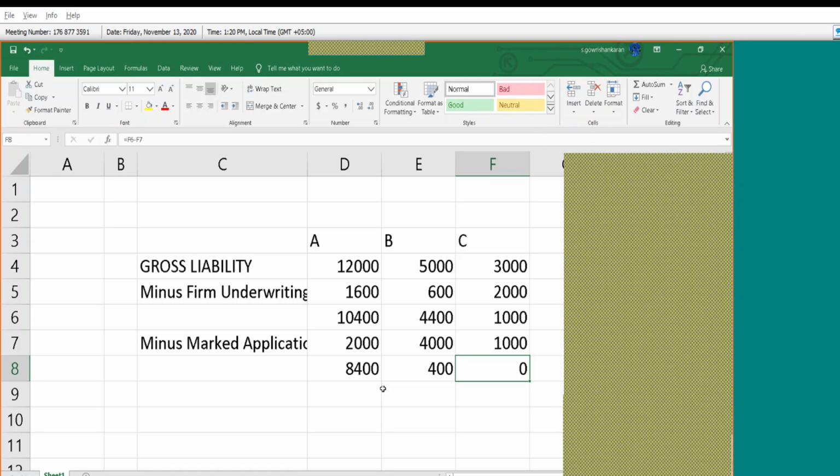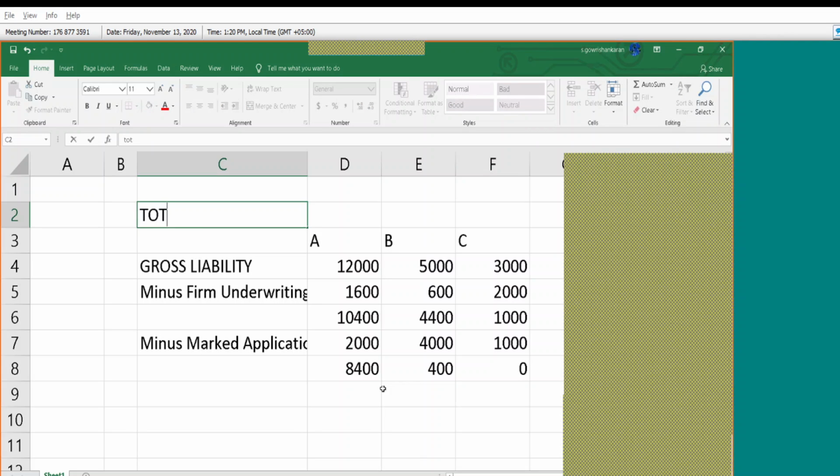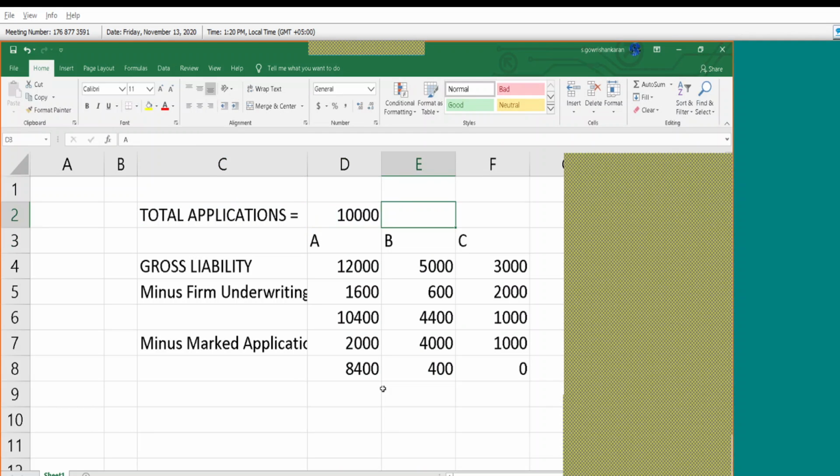Total applications received is how much? 10,000. Then minus 7,000, marked application. Marked is 7,000 application.